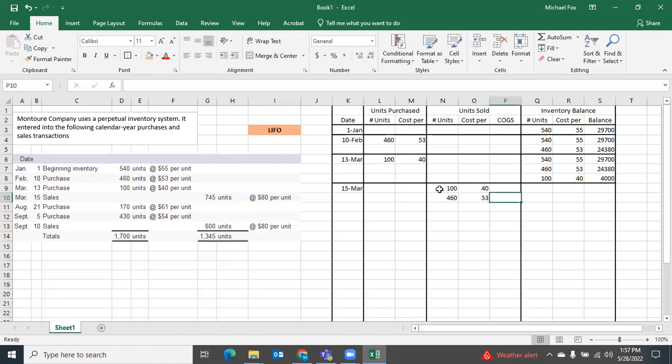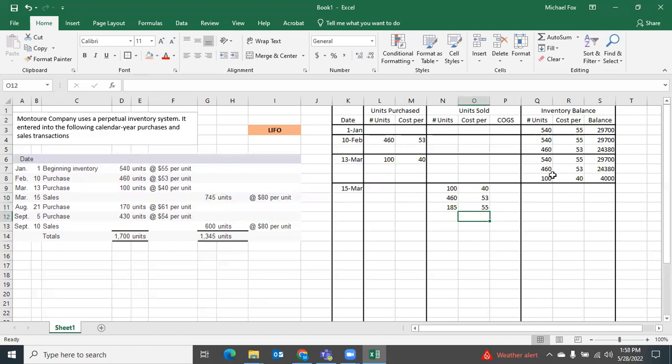So that's 560, meaning 745 minus 560. Can't do that math in my head. So they sold 185 of the $55 units.